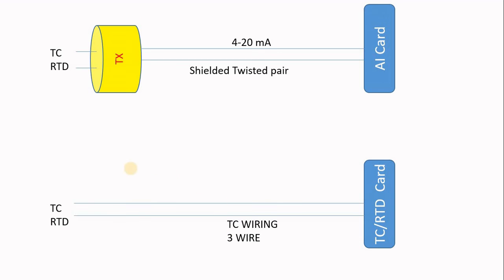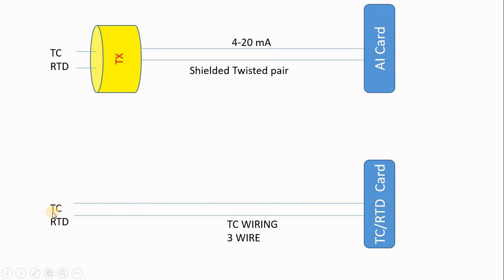Now we have two options if you have thermocouples or RTDs. The first one is to connect your thermocouple or RTD to the card directly. So all you have to do is look at what type of thermocouple you have and select the card which matches your RTD or your thermocouple.